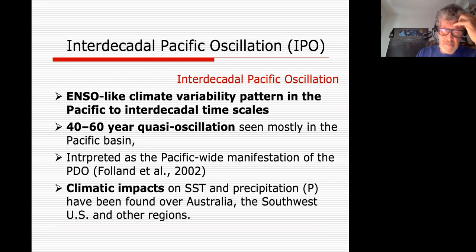It means that it is no longer related to the North Pacific, but includes the whole Pacific. The climatic impacts on SST and precipitation have been found over Australia, Southwest US, and other regions. So there are relationships between this oscillation and the climatic response in the surrounding regions.